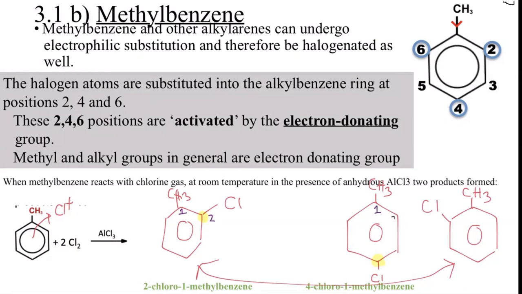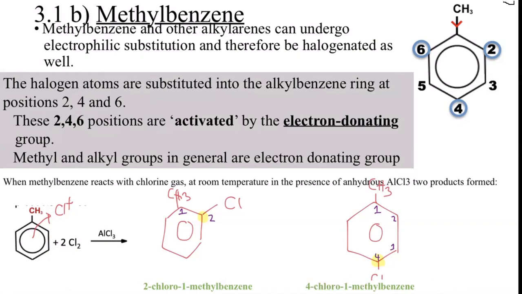Number 1, 2, 3, 4. This one is the same, so I will just erase them. Okay, carbon 2 and carbon 6 in this case is the same. There are some cases where they are not the same, so you have to think about the possible products. Okay, the naming has been given to you.